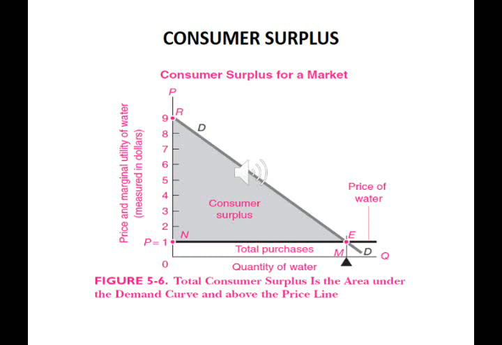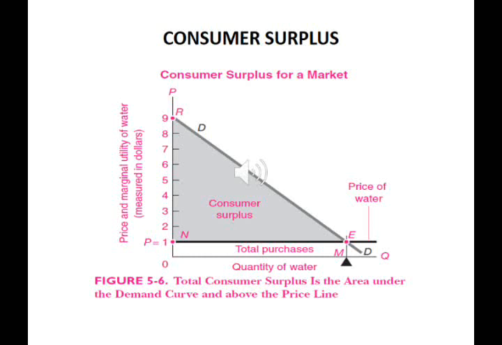So if we look again at this gray triangle, what is the market value of consuming m bottles of water? The market value will be m times the market price. And here we have the market price equal to £1.